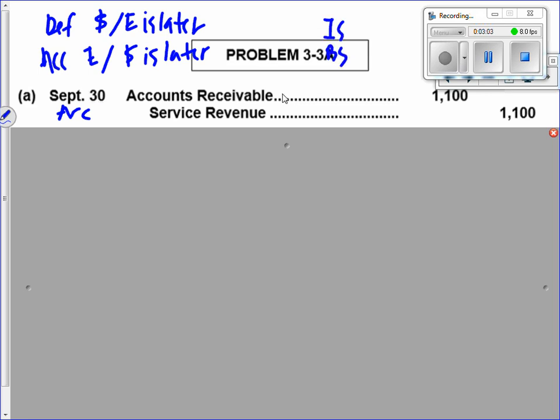If it would help you, and I apologize for not having this in printed format, I'm going to do something once. If this little line with a pencil would help you, you could, with a pencil in your book, draw a line under owner's drawing above service revenue.